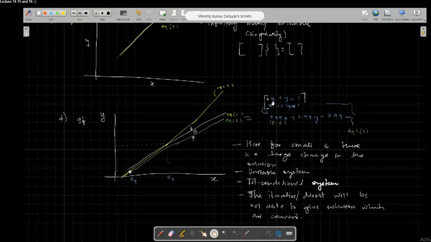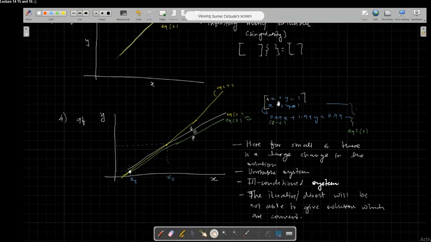Or you may get a system where any small change due to round-off error in computers may drastically change the solution. For such a system, no matter what you do, you cannot get a stable solution. So ill-conditioned systems should first be made well-conditioned. How to do that is the question, and that we will see.